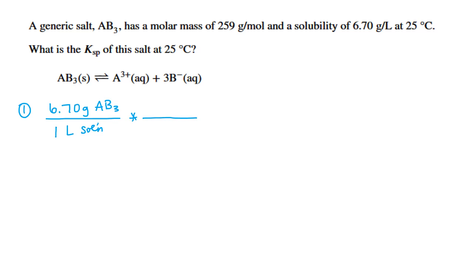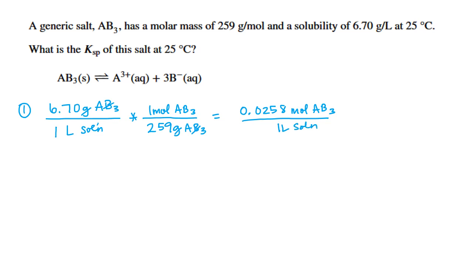I have grams at the top, so I need grams at the bottom, so this is 259 grams of AB3 over 1 mole of AB3. My grams are going to cancel with my grams, and I'm left with moles per liter. And the answer I get is 0.0258 moles of AB3 divided by 1 liter of solution.